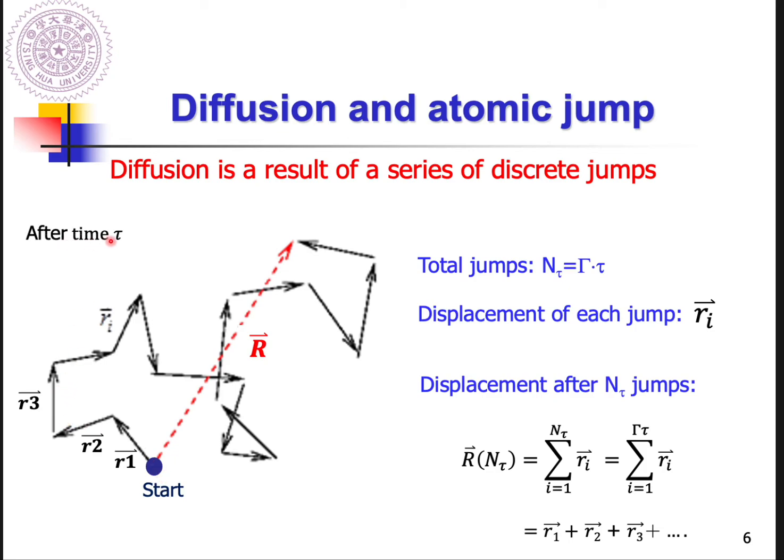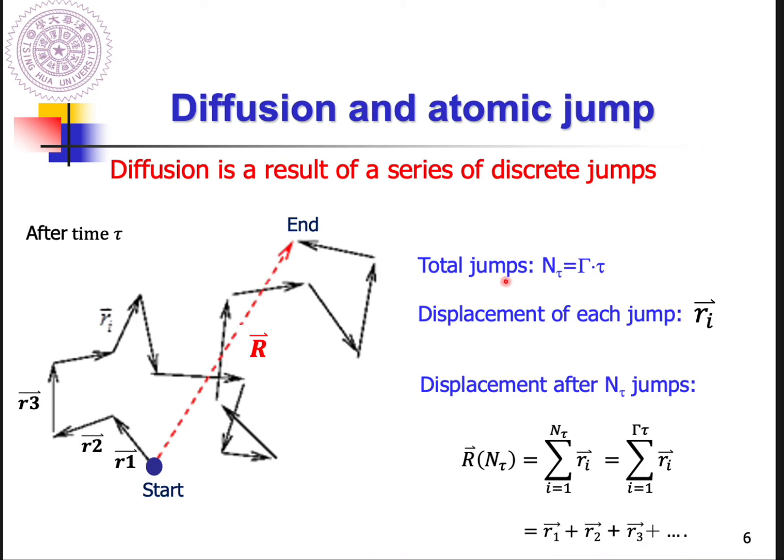So after time tau, this atom is going to reach this location, and this capital R is a summation of each jump of these atoms. So we use a capital R to represent it. It is also a displacement. So what are the total jumps?